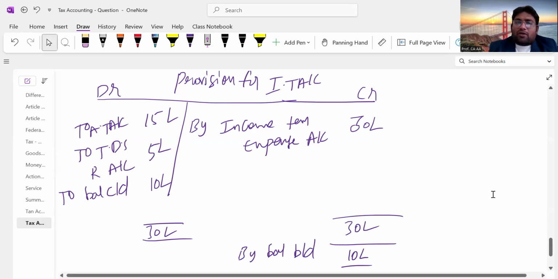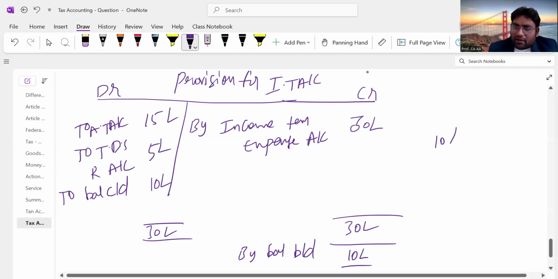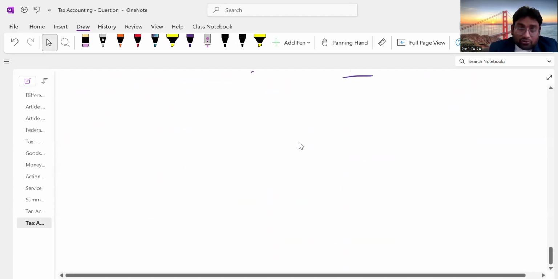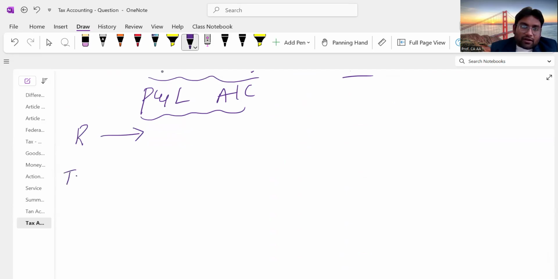Still we may require to pay 10 lakh rupees, because 20 lakhs we already paid. Now, these are the journal entries. Let me show these things in a profit and loss account. In the profit and loss account, we'll have total revenues.